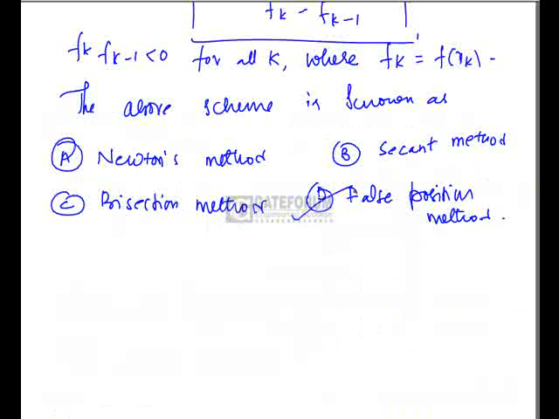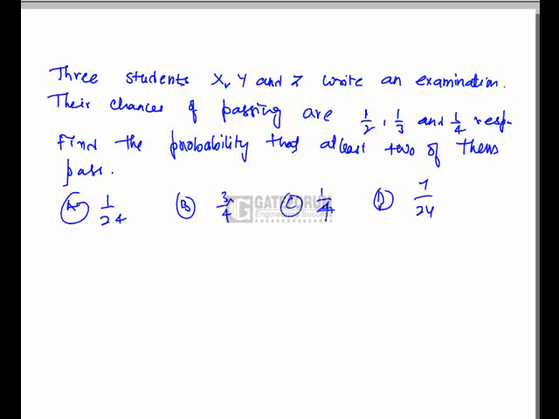That is option D. When there are 3 students x, y and z writing an examination, their chances of passing are 1 by 2, 1 by 3 and 1 by 4 respectively. We have to find the probability that at least 2 of them will pass. The probability of passing of x is 1 by 2, of y is 1 by 3, and of z is 1 by 4.